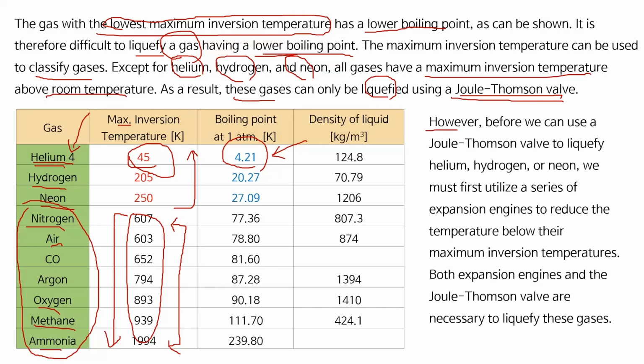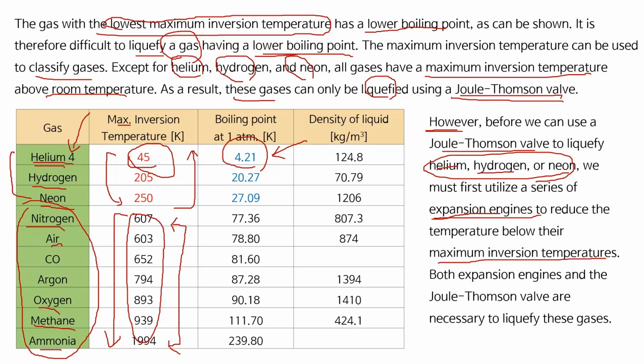However, for these three gases, before we can use a Joule-Thomson valve to liquefy helium, hydrogen, or neon, we must first utilize a series of expansion engines to reduce the temperature below the maximum inversion temperature, because the maximum inversion temperature for these gases is lower than room temperature.